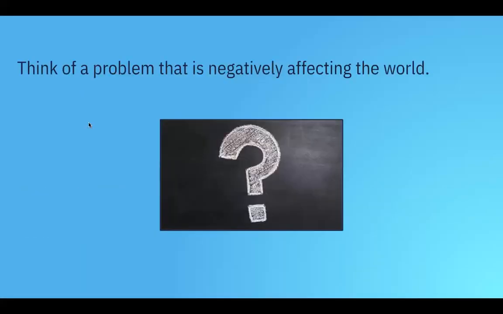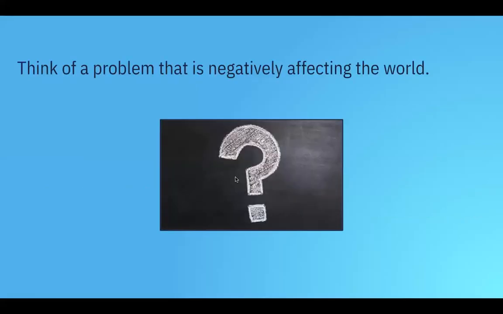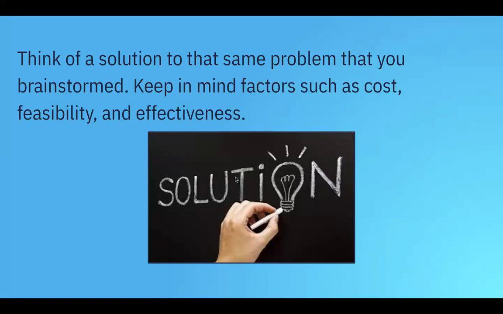For people who just joined, we'll be spending around 5 more minutes on this to think of a problem that negatively affects this world and try to find a solution that you can brainstorm. Some factors are cost, feasibility, and effectiveness. A good example that Mir gave would be an environmental awareness app that gives tips that help users lower their impact on the environment and use resources efficiently.